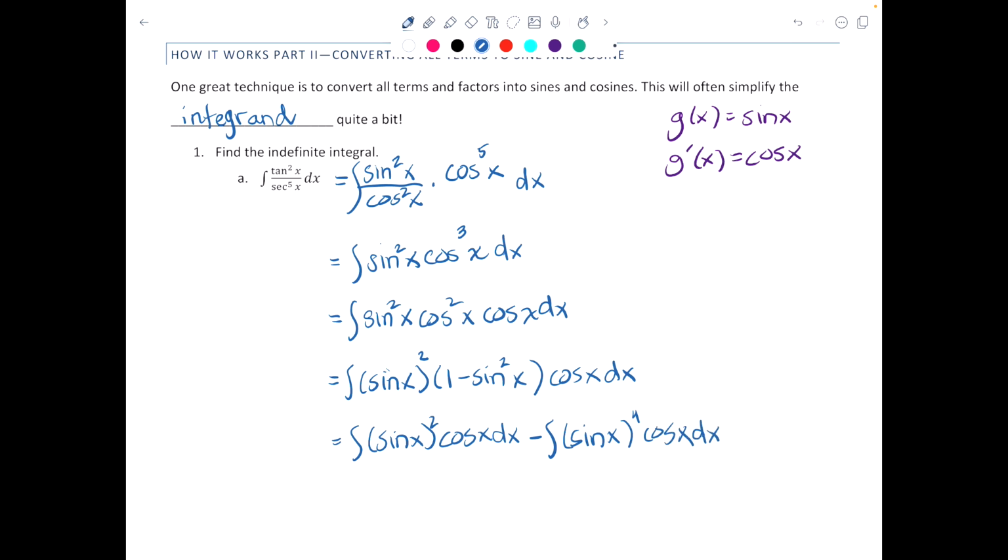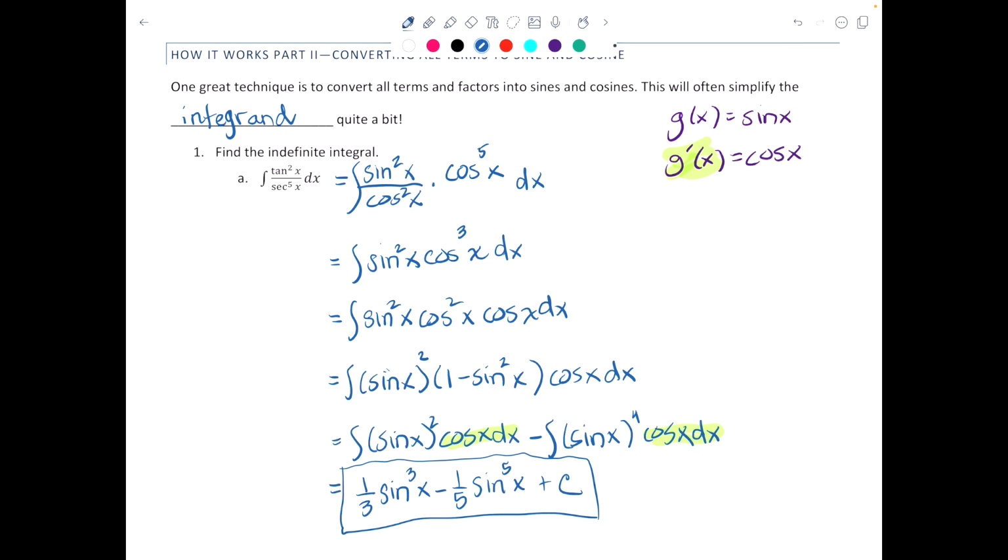So on each of them, I have my g prime all ready to go. So this will be 1/3 sine cubed at x minus 1/5 sine to the 5th at x plus our constant of integration.